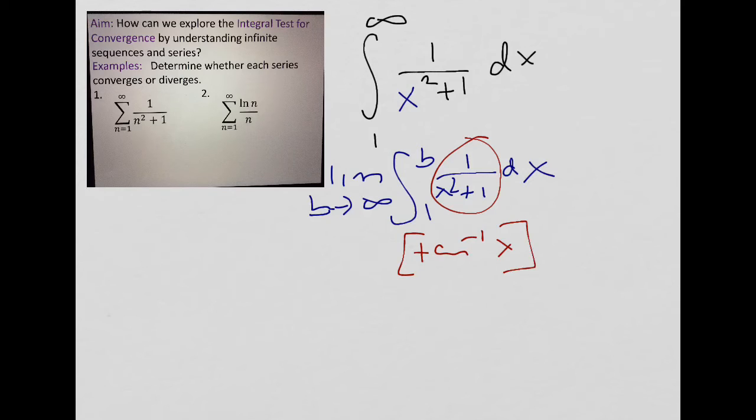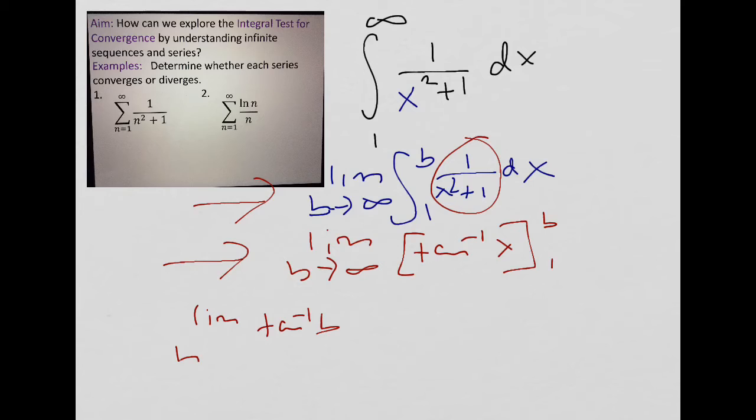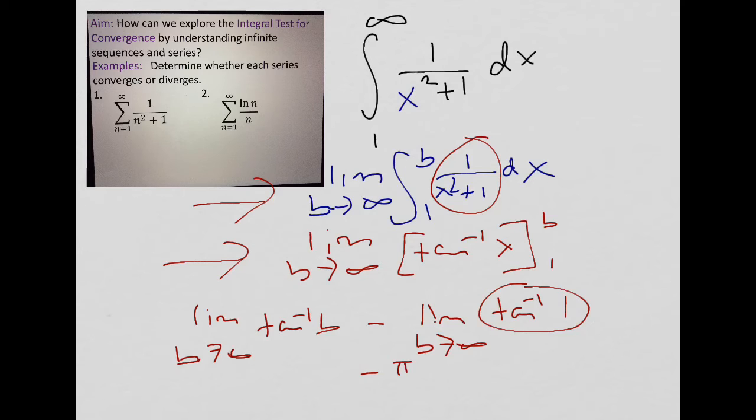So you have to practice your improper integrals, but you also have to practice your derivatives and your antiderivatives, so that way we can do these types of problems. Okay. So I'm going to take the limit as b approaches infinity of the inverse tan of b, and subtract the inverse tan of 1. You don't need to write the limit notation. This is going to be an actual answer of pi over 4.